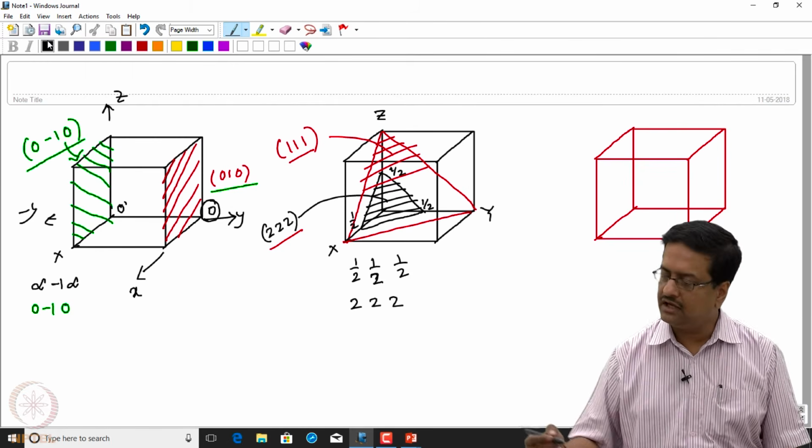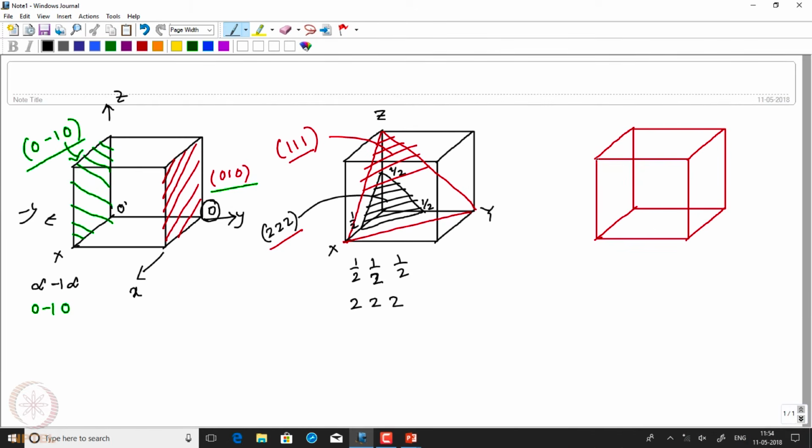So now on the third box here, I would like to draw a plane like this. The intercept here is half. So that means along x, y and z, we have this plane which is parallel to x axis, that means x intercept is infinity.